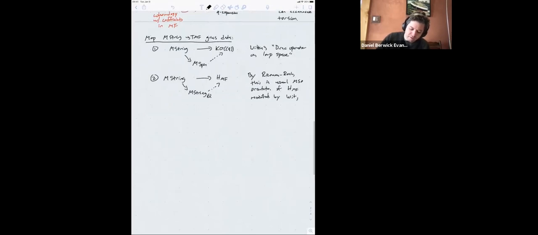So in formulas, if you want to push forward along a family of rational string manifolds, this is just given by the usual push forward, like integration of differential forms, push forward, wedge with a certain characteristic class.